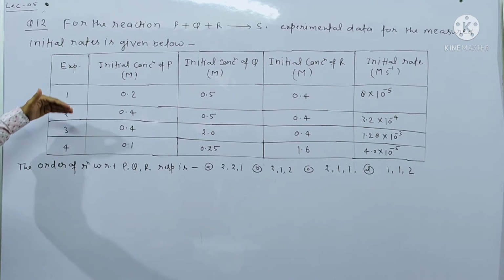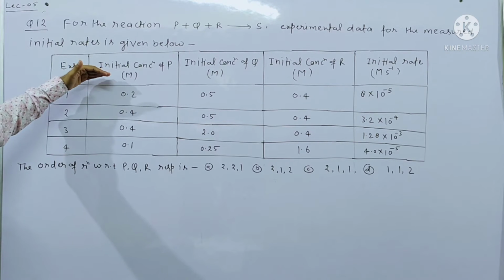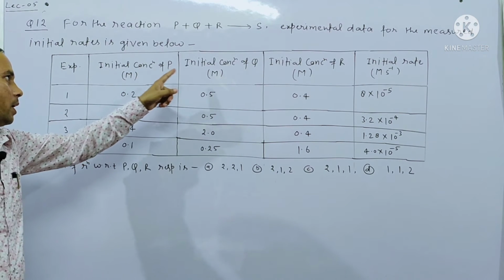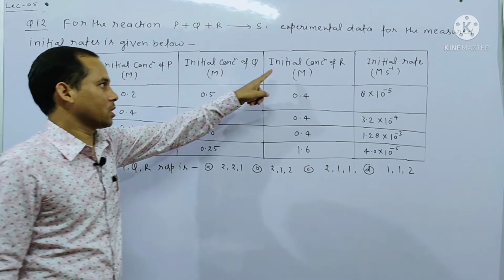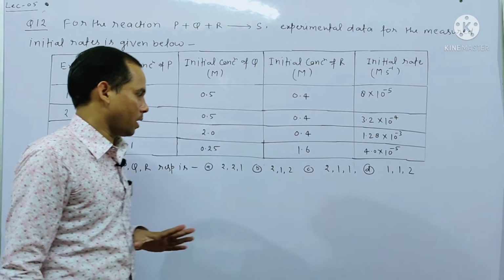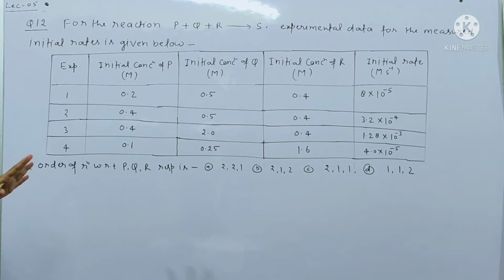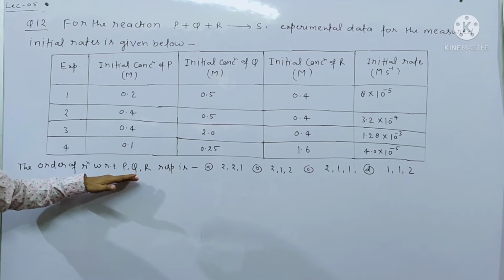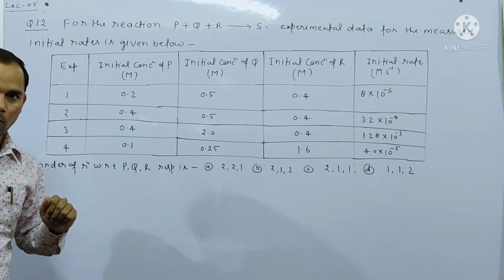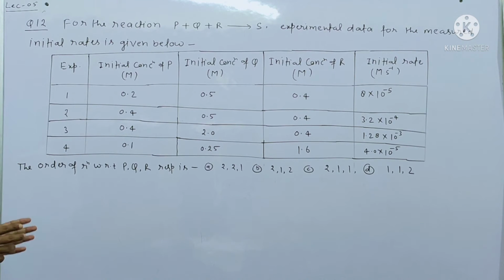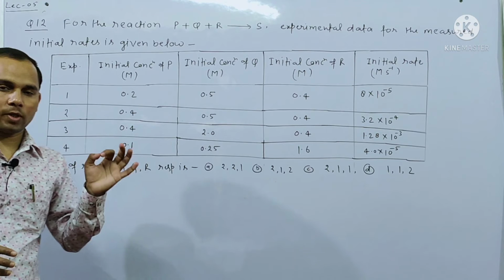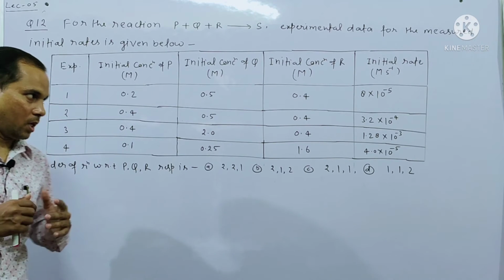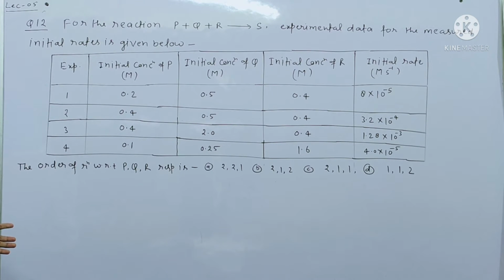There are 4 experiments conducted, with the initial concentration of P, Q and R, and the initial rate. What we have to calculate is the order of reaction with respect to P, Q and R respectively.